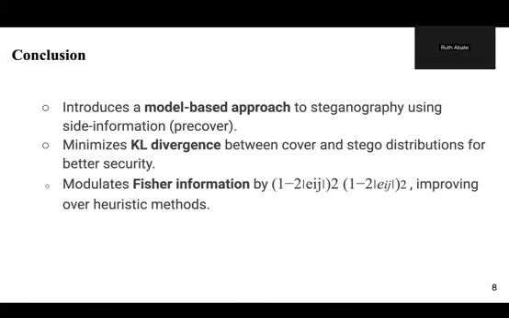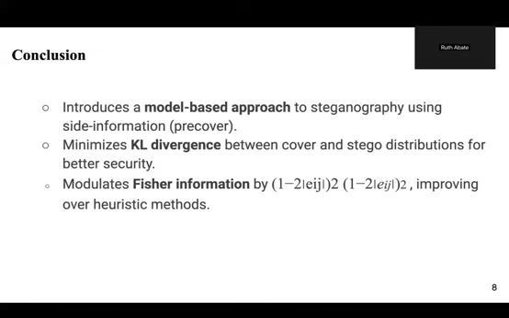Instead of embedding the hidden message directly into an arbitrary cover medium, this method leverages additional information to guide the embedding process.